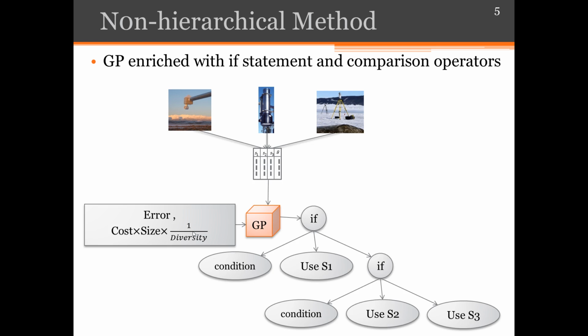And also, in order to answer the curse of dimensionality, we reduce the number of objectives to 2. The first one is error, and the second one is the product of cost, size, and 1 over diversity.